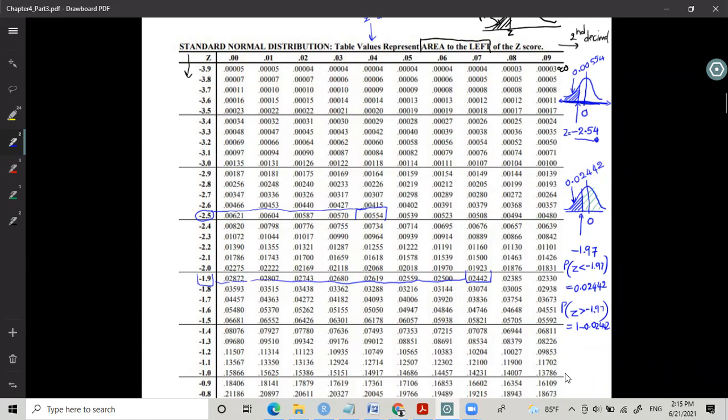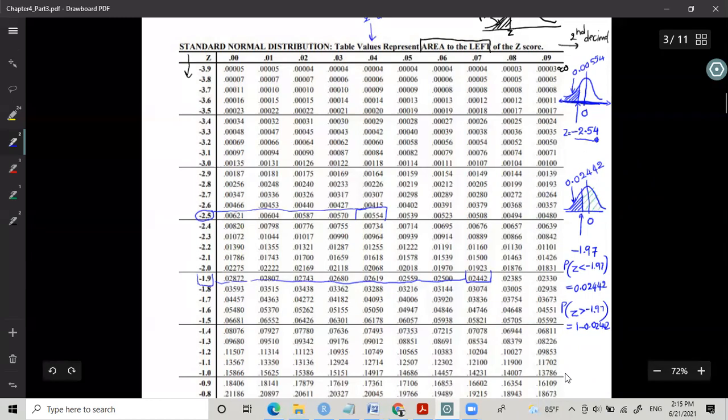Now, what do you think? What is the probability Z equals negative 1.97? What is that probability? Z equals negative 1.97. This is continuous distribution. What is this point probability? Always it is 0. So if you write Z less than or equal or greater than or equal or simply greater than, less than, it doesn't matter because equal is 0.